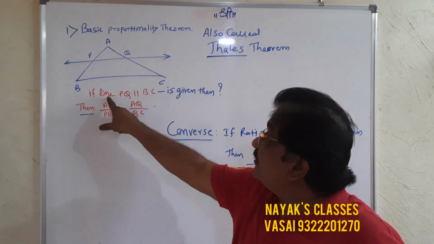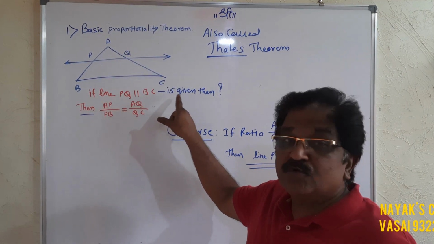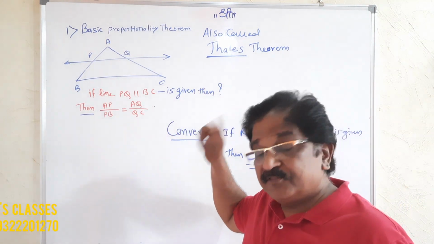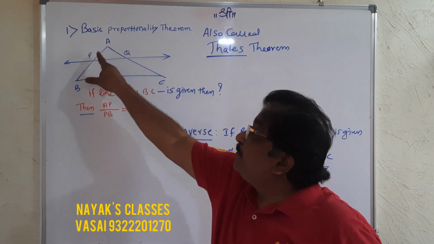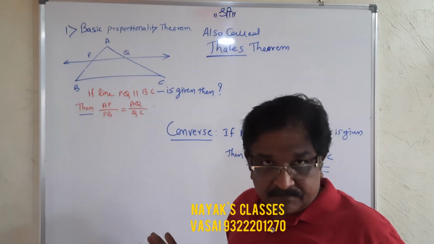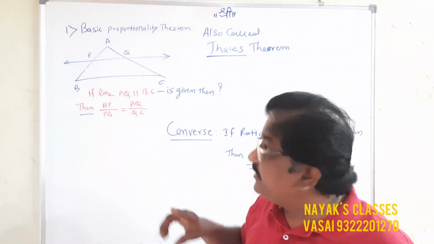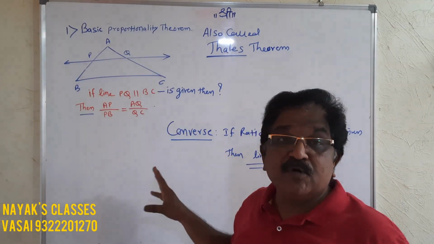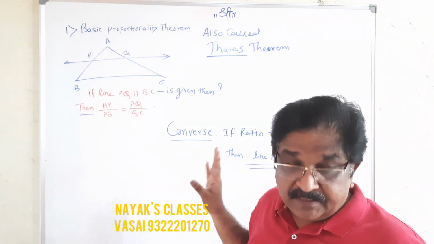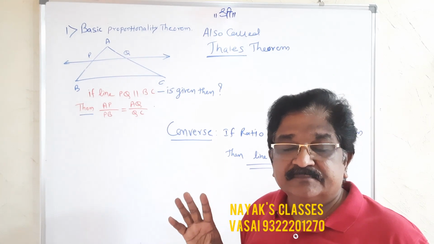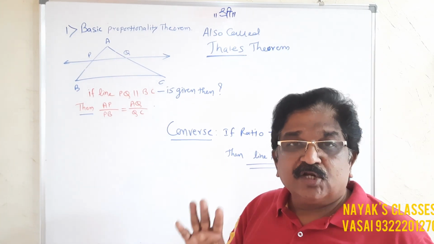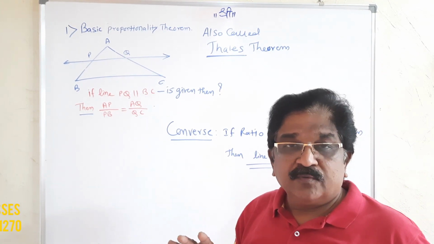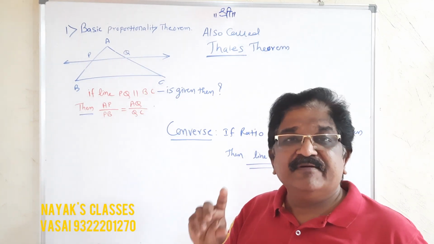See, if line PQ is parallel to BC, then AP upon PB is equal to AQ upon QC. This is the theorem. Don't worry, we are not going to prove it now. When we prove it, I will show you.